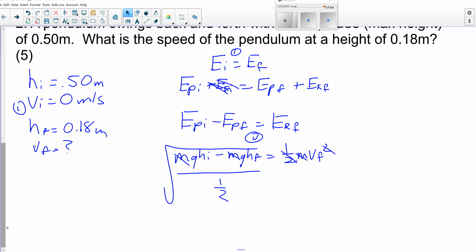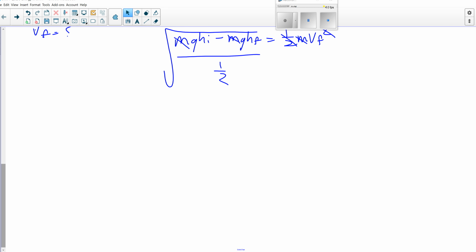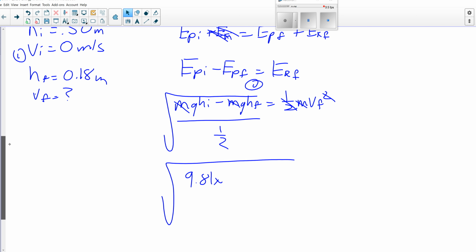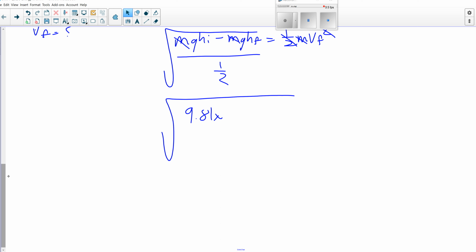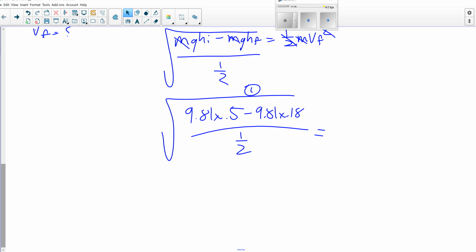So their 4th mark is for that final manipulation, or if they just plugged in the numbers, that's fine too. So 9.81 times 0.5 minus 9.81 times 0.18 divided by 1/2, all square rooted. That's their 4th mark.